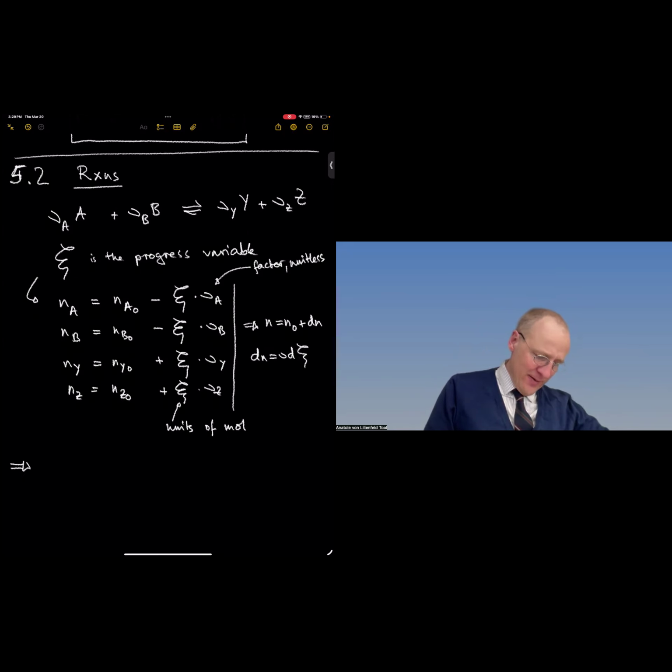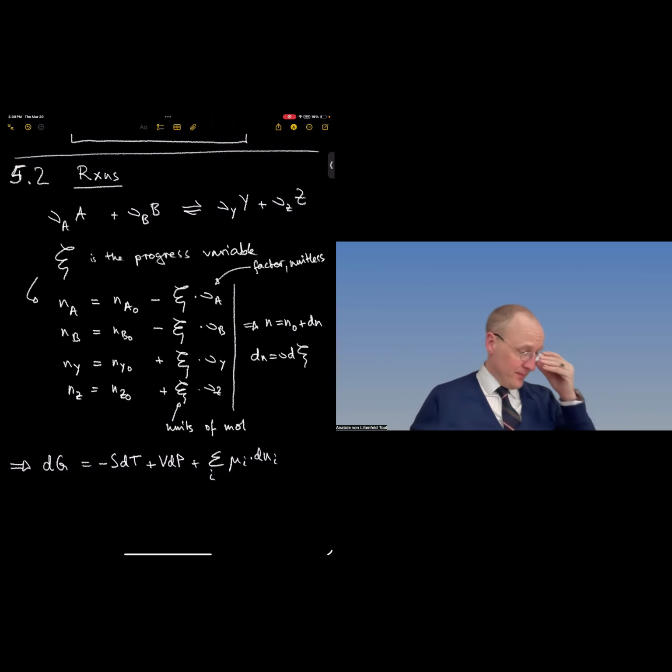So with these notations, we can consider dG, and that would be minus S dT plus V dP plus all the chemical potentials times changes in particles.